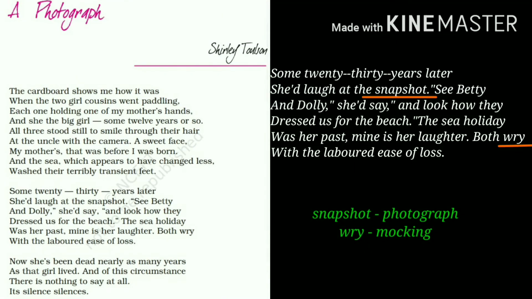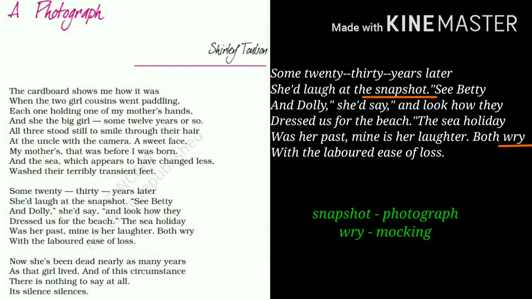The second stanza talks about the childhood of the poetess. Let's see the word meanings given here. Snapshot means photograph. Wry means mocking. Some twenty-thirty years later, she would laugh at the snapshot. After that photo was taken, twenty or thirty years passed.